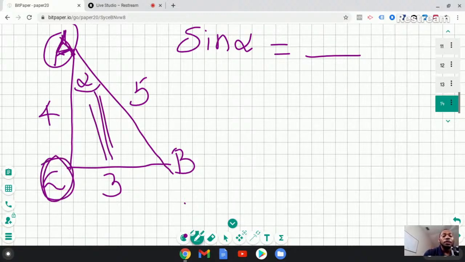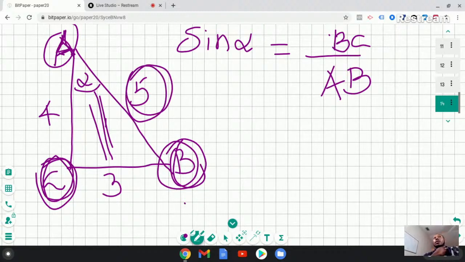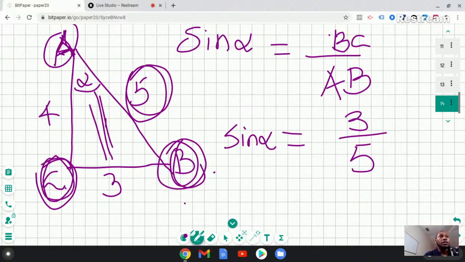I mean, BC, right? So that's the opposite side of the angle alpha. So it's the side BC divided by the hypotenuse, which is the longest side, AB. What's the length of BC, the opposite side? It is 3, and the hypotenuse is 5. So that means sine of the angle alpha is 3/5.